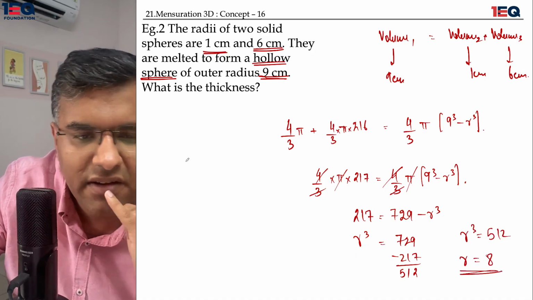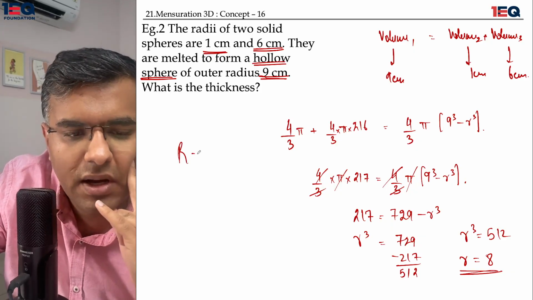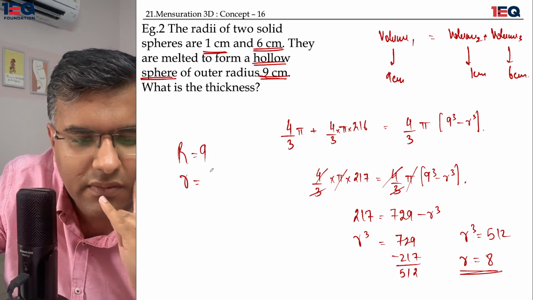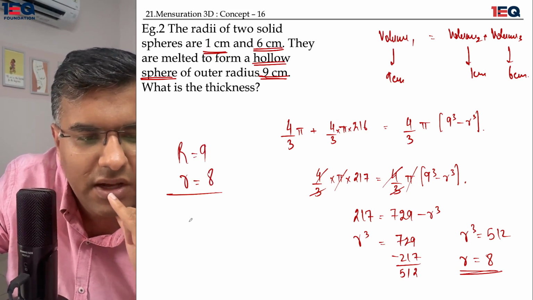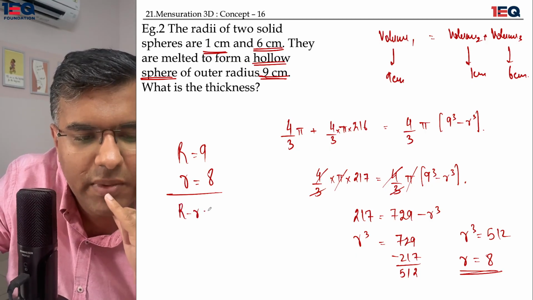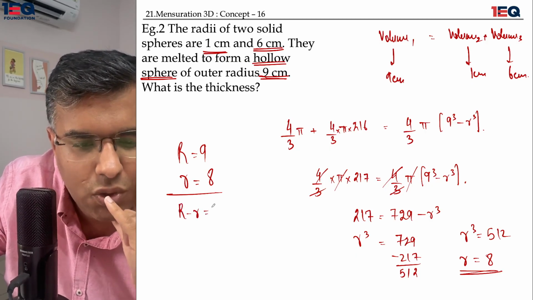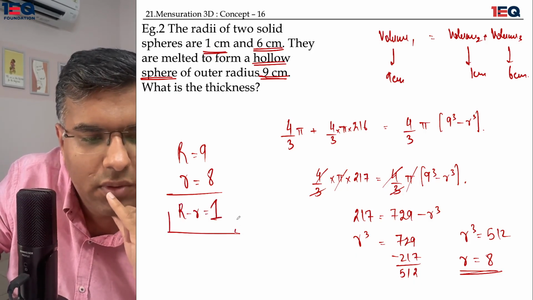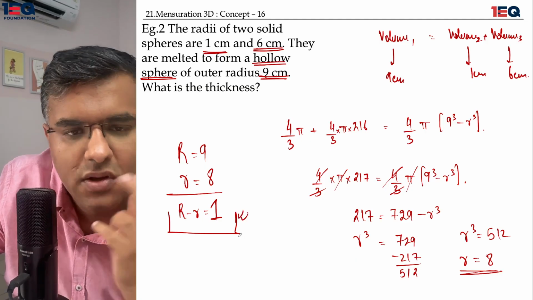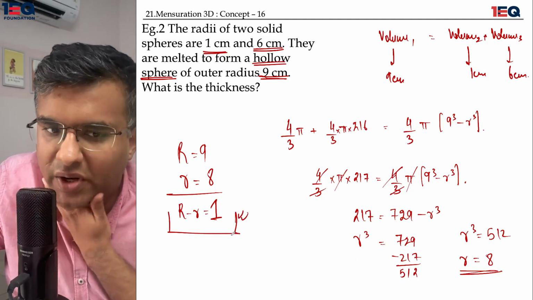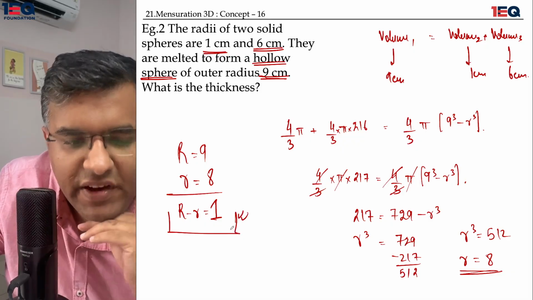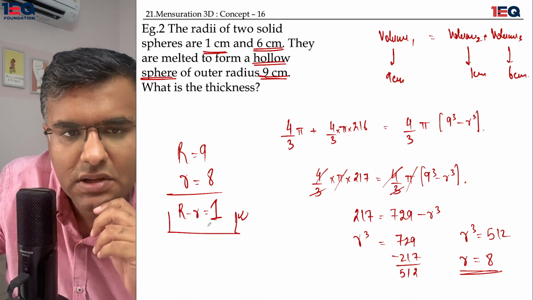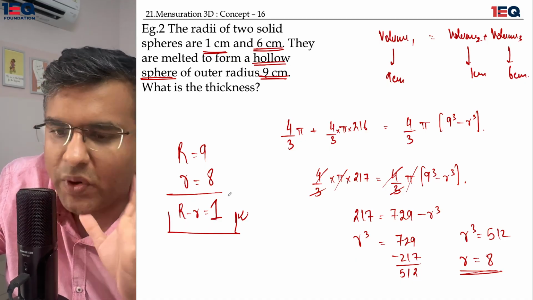So if I have an outer radius, capital R, equal to 9, and an inner radius, small r, equal to 8, capital R minus small r is equal to 1. This is what we are looking at.